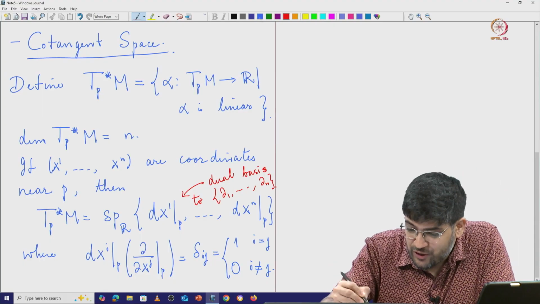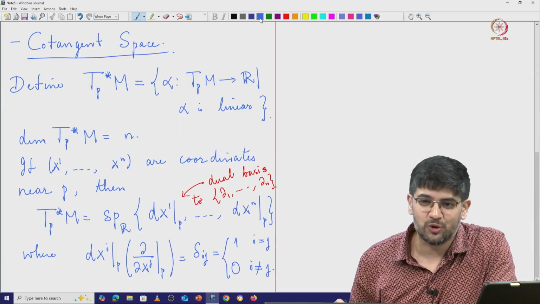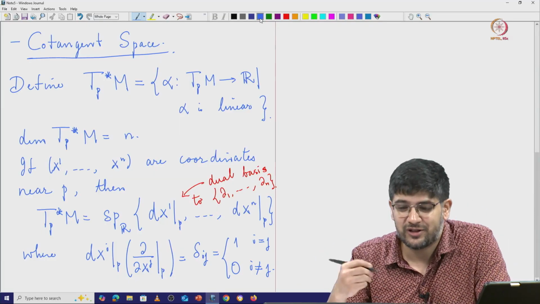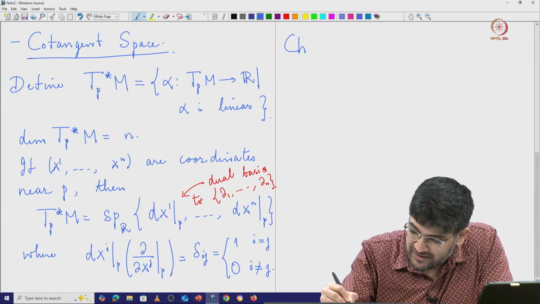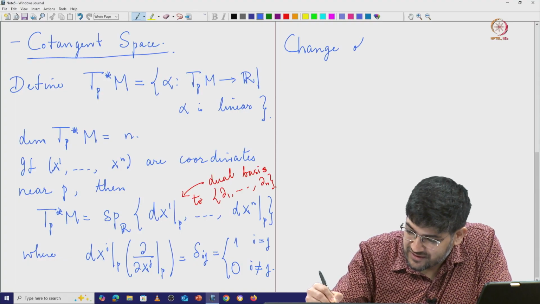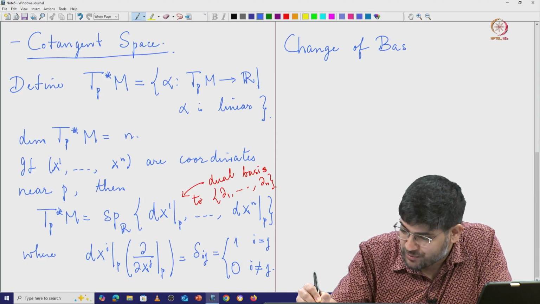So again, when you have a basis, you also need to know what is the change of basis or transformation formula. So we have the following change of basis formula.